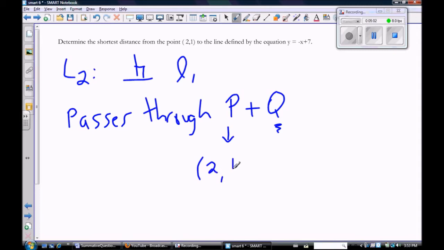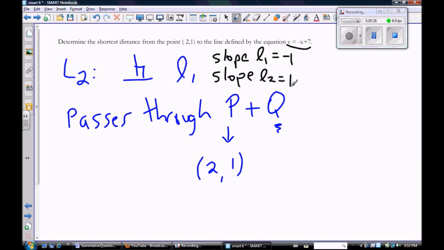So there's a point on my line. Now, if line 2 is perpendicular to line 1, then we can talk about slopes. And again, if you look at this equation, it's pretty clear that the slope of line 1 is equal to -1. And so therefore, the perpendicular slope must be +1.